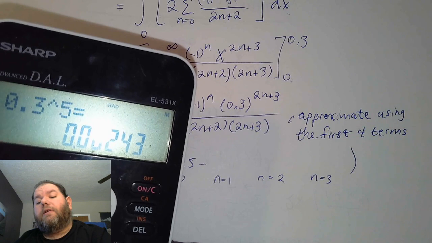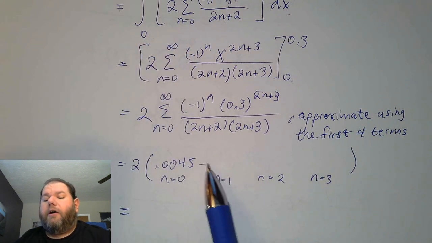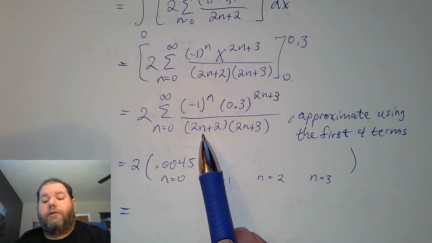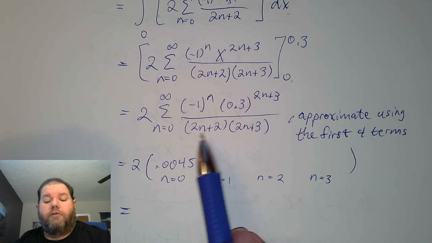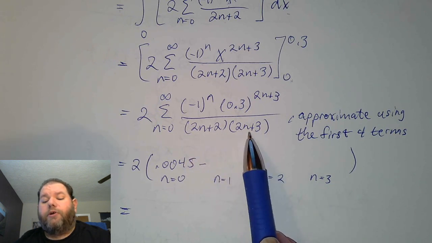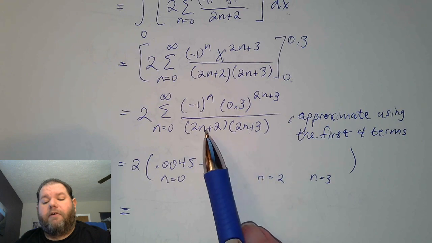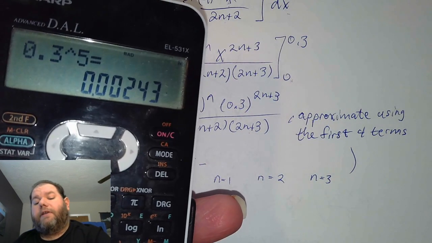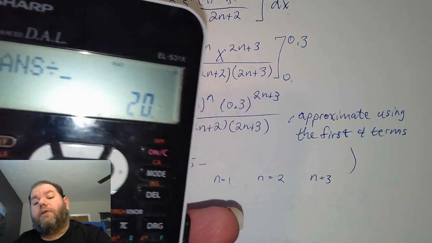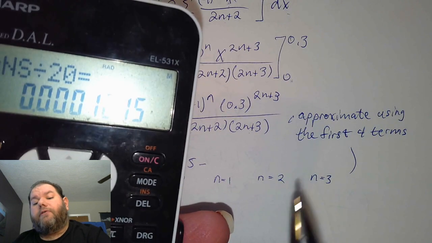On the bottom, 2 times 1 plus 2 will be 4, and 2 times 1 plus 3 will be 5. 4 times 5 is 20, so I'll divide this by 20, and we get 0.0001215.